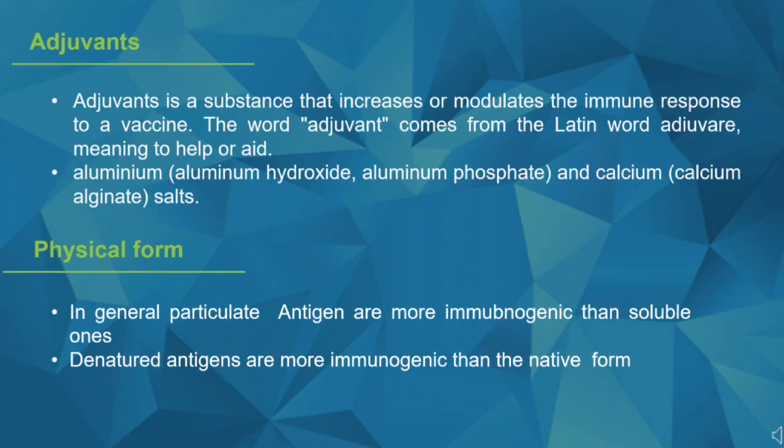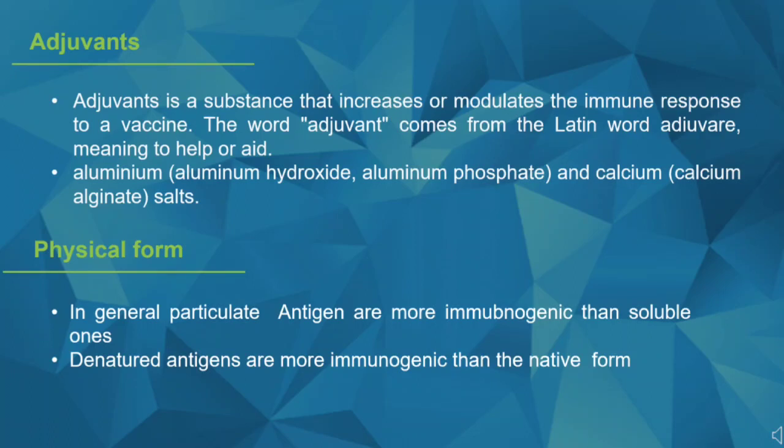And the next one is adjuvants. Substances that can enhance the immune response to an immunogen are called adjuvants. The word comes from the Latin word adjuvare, which means help or aid. The use of adjuvants, however, is often hampered by undesirable side effects such as fever and inflammation. Examples of adjuvants are aluminum hydroxide, aluminum phosphate, and calcium alginate salts.